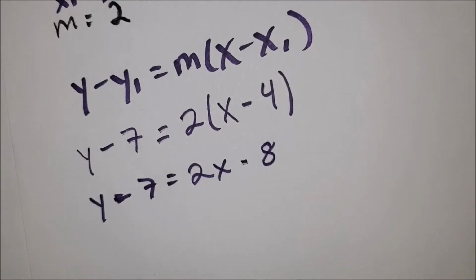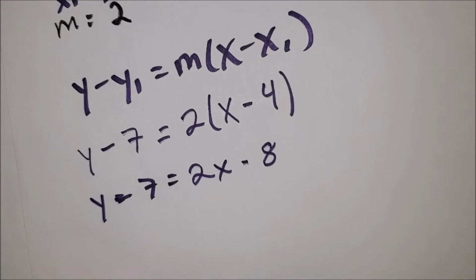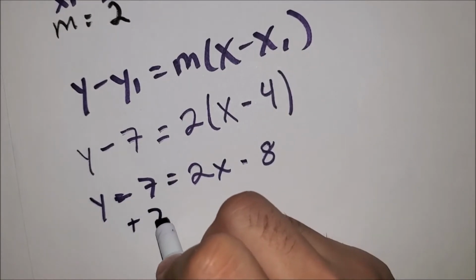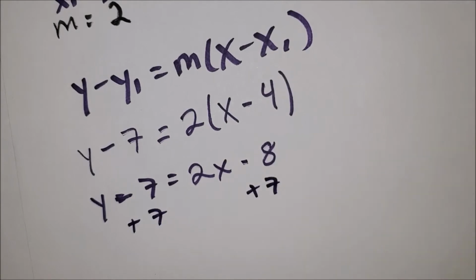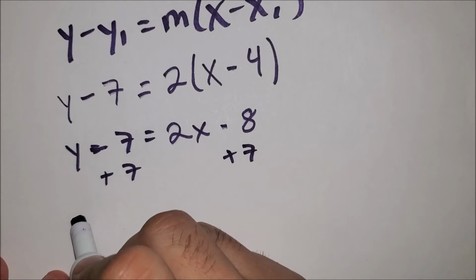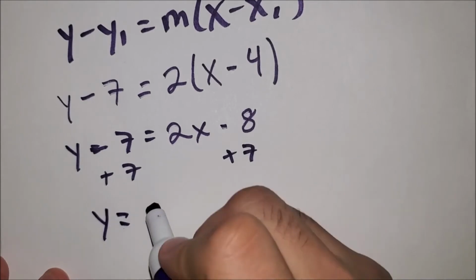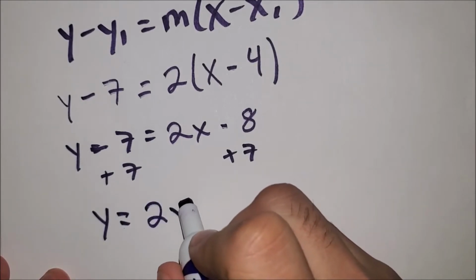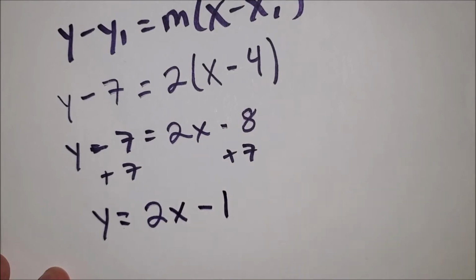So now we have y minus 7 equals 2x minus 8. Then we add 7 to both sides, and we get y equals 2x minus 1. And that's our equation.